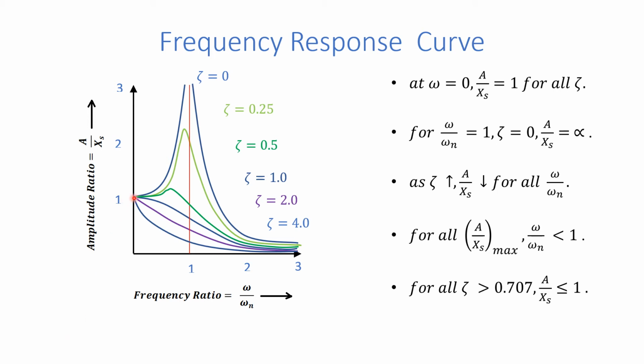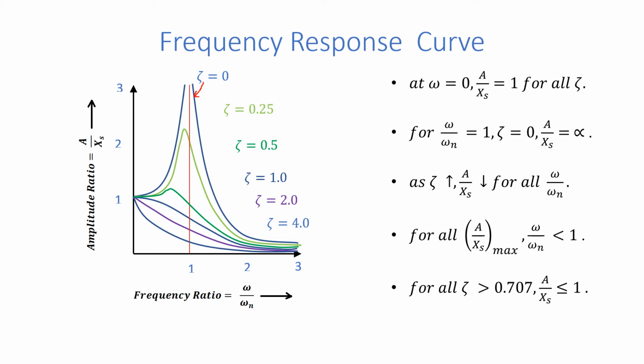Then when omega by omega n is 1, means at resonance, for zero damping, we get amplitude ratio of infinity, which is as per the definition of resonance. And when zeta is 0, this is the plot.